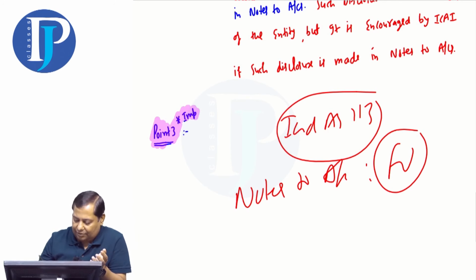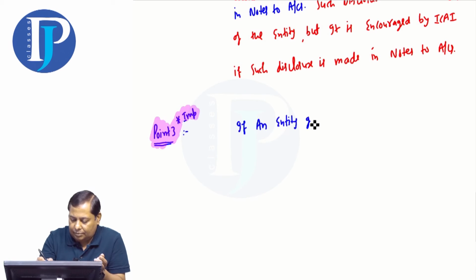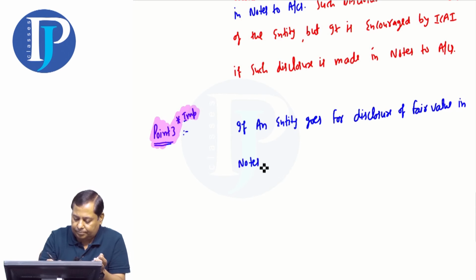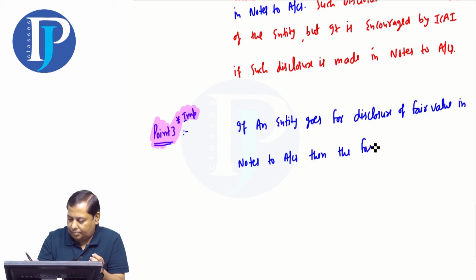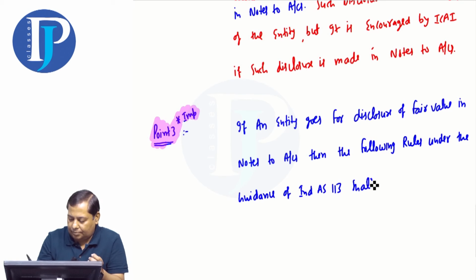Let's move on. I want to make you write 2 rules. If an entity goes for disclosure of fair value in the notes to the accounts, then the following rules under the guidance of Ind AS 113 shall be applied.